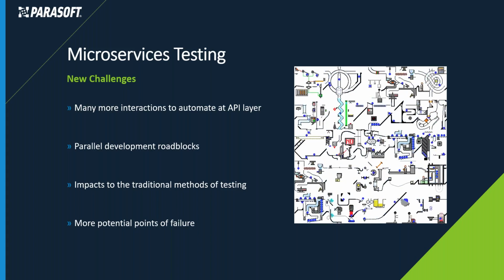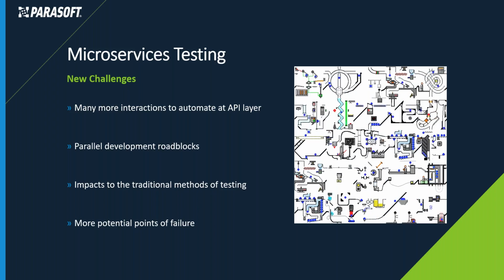You also get things like parallel development roadblocks. And this is because microservices are so much more agile when it comes to redeployment and modification, you may have service versions or just services that are different than the environment that you have for testing. And so keeping track of all that and making sure that your understanding is right can be really difficult.